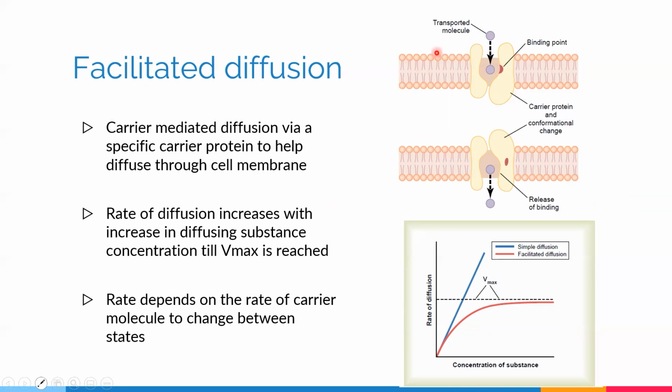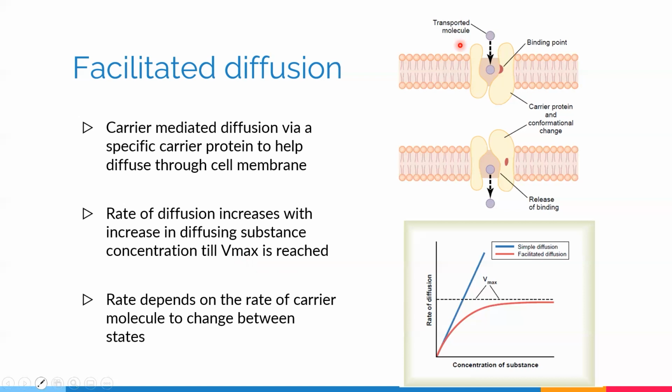So the transported molecule first binds to part of the carrier protein, and after its binding, conformational change occurs in the carrier protein itself, which allows the transported molecule to enter into the cell. The rate of the diffusion here depends on the amount of the carrier protein present, and it also increases with the amount of the diffusible transported molecule present.